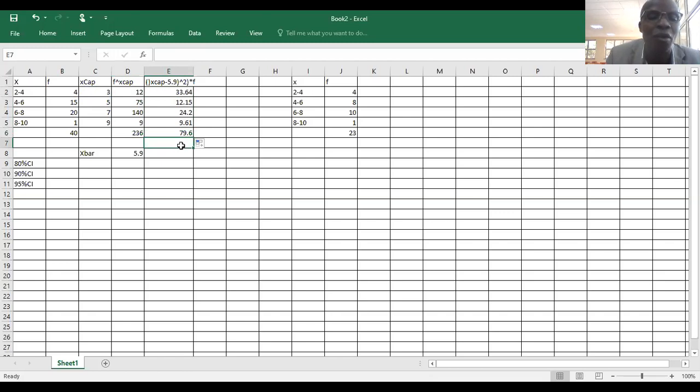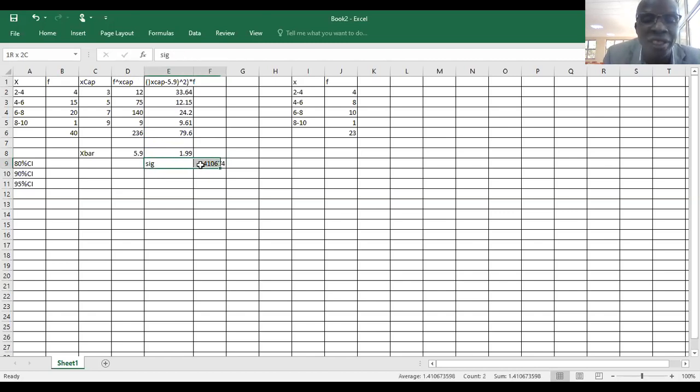That is the sum of the squared deviations, which gives us the variance, sigma squared. Write that, please. Sigma squared equals 79.6 divided by 40. Therefore, our sigma is equal to the square root of this, 0.5.